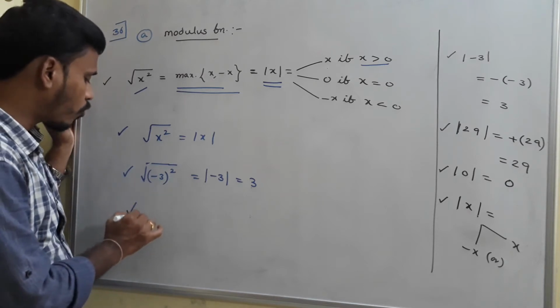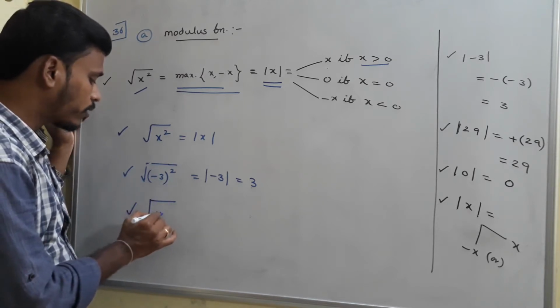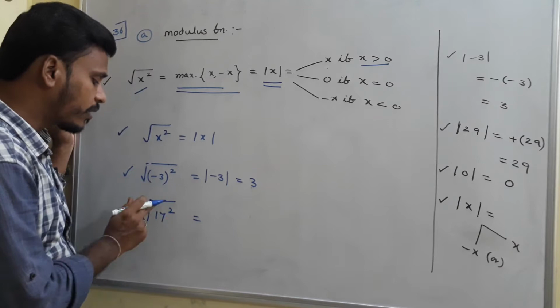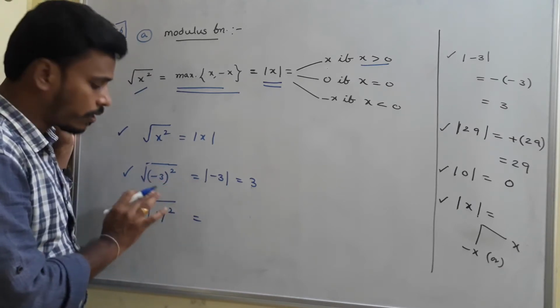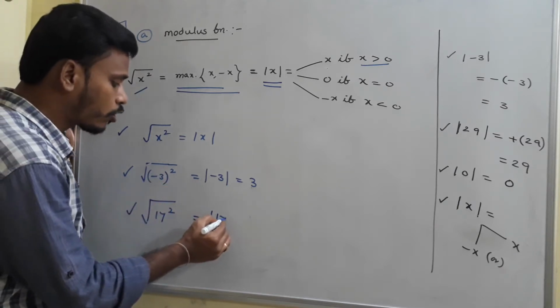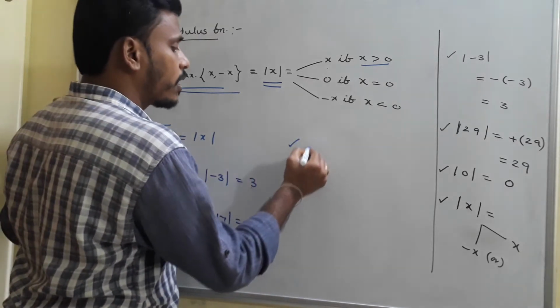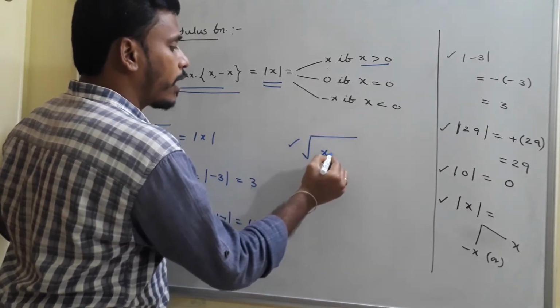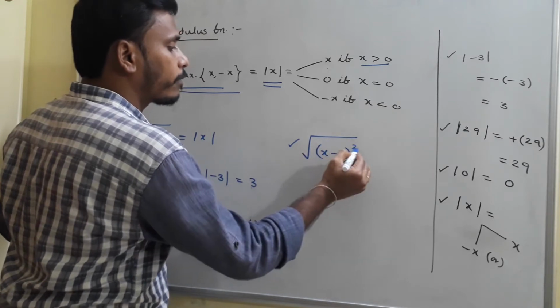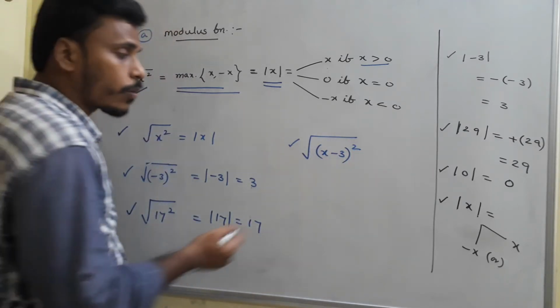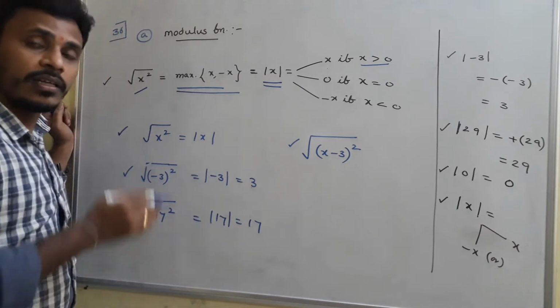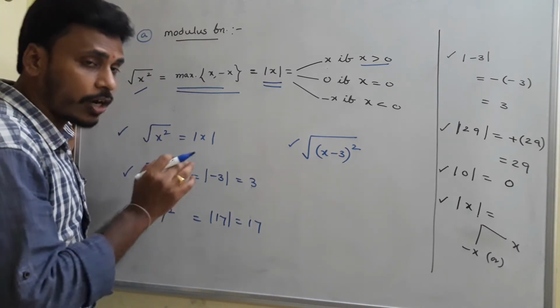Whereas if you have a number like root of 17 square, again the square and square root just don't cancel. Root of 17 square is modulus of 17 and your answer is 17. Suppose I have root of x minus 3 whole square. Root of x minus 3 whole square is equal to x minus 3 is not the correct way.